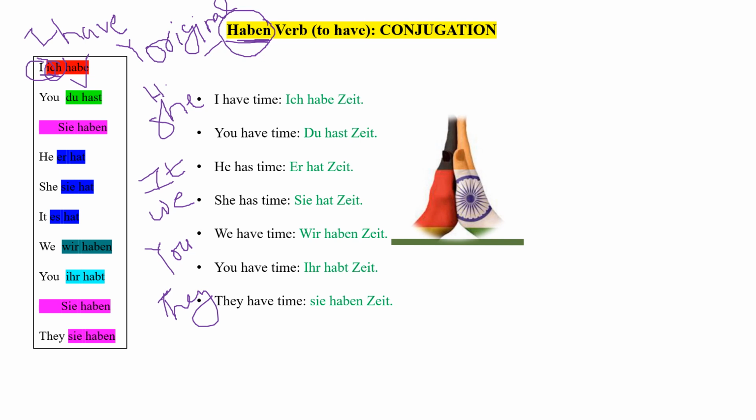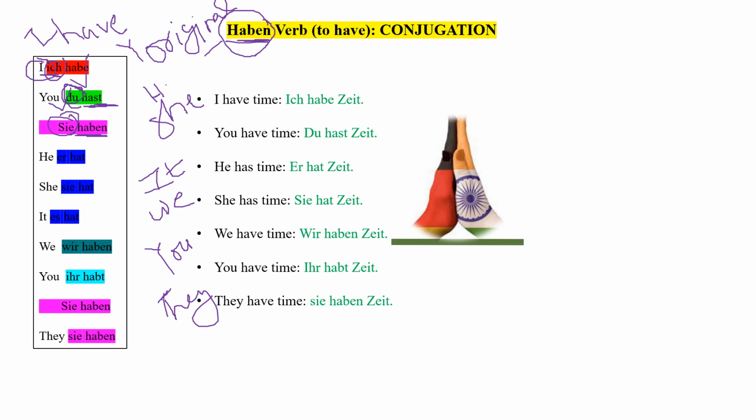Similarly, for you, informal, it is du, and haben changes into hast as per the subject. Here the subject is du, so the verb gets changed to hast. If it is formal, Sie, then again it becomes haben. I will tell you one trick in the last.